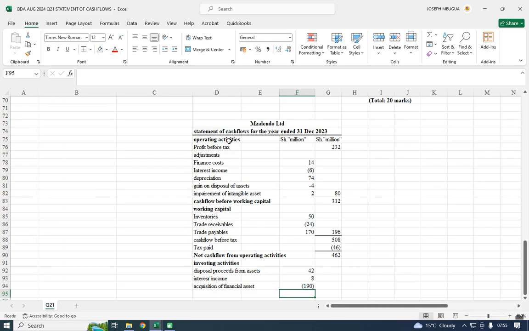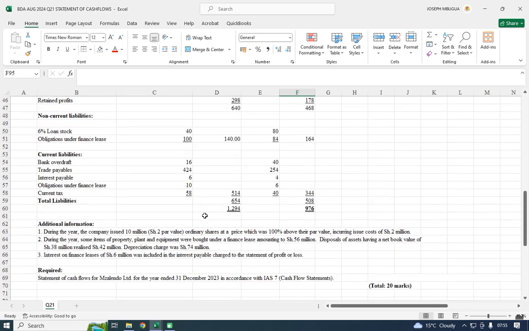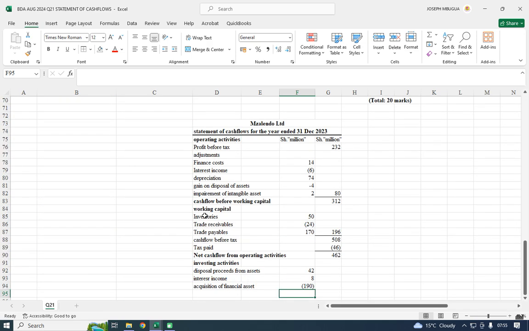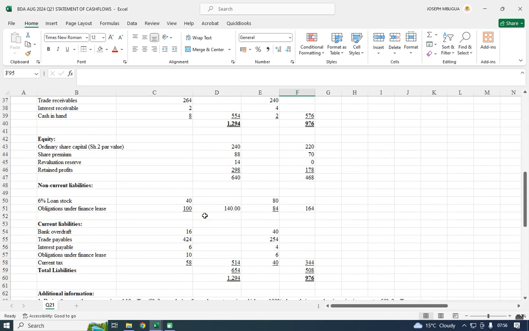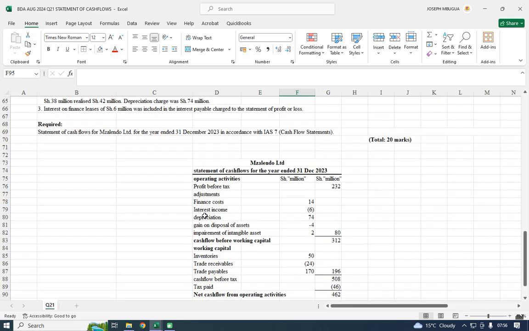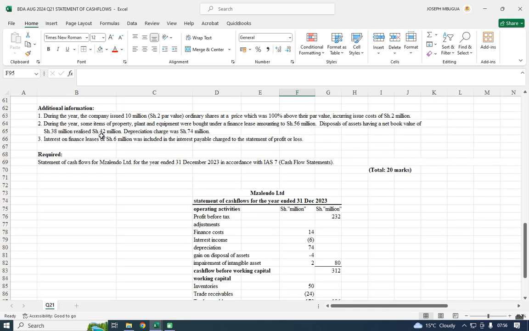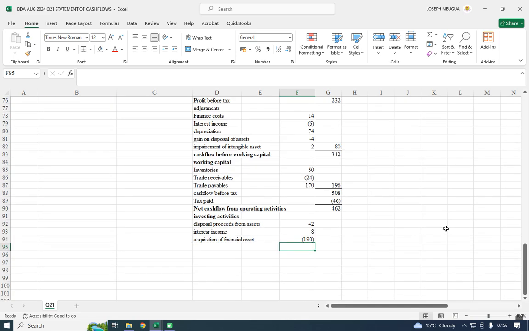We acquired financial asset of 190, and the other thing that we had is a PPE. They have told us that during the year some items of plant and equipment were bought under finance lease amounting to 56.